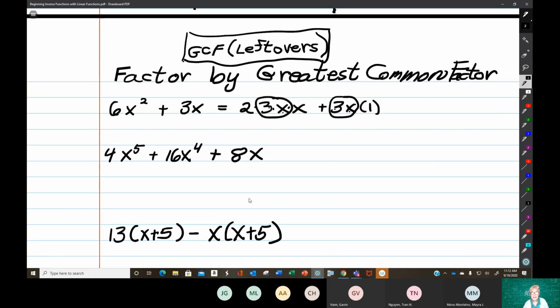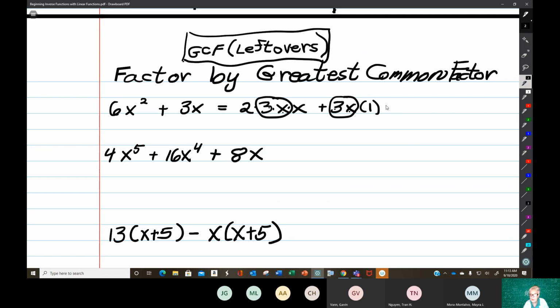Now, if we're factoring, breaking expressions down into their component parts and asking how did it get here, what had to be multiplied or divided to get this, or was it just always this way? We discovered that this is kind of like genetics. They both have a 3x in them, so they're related.